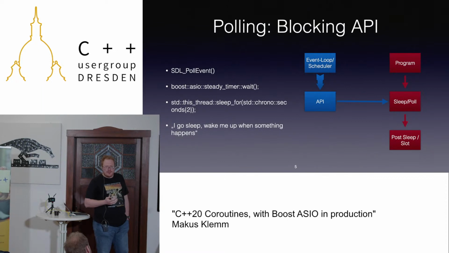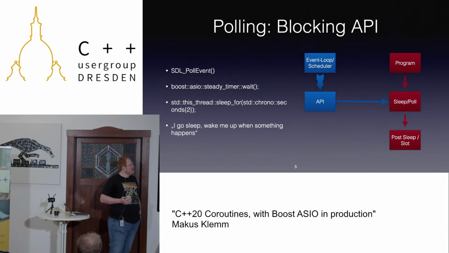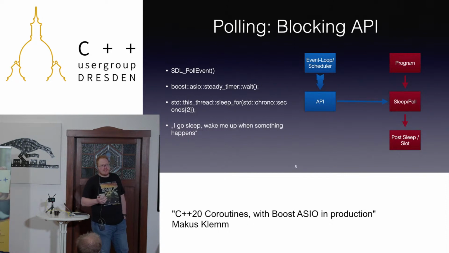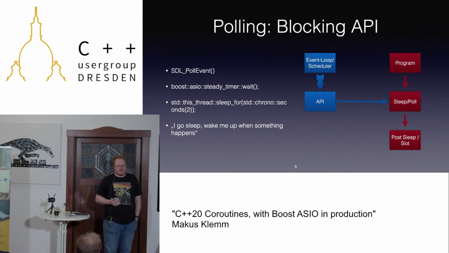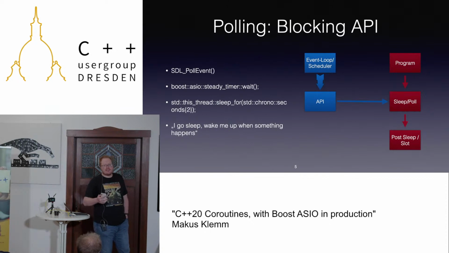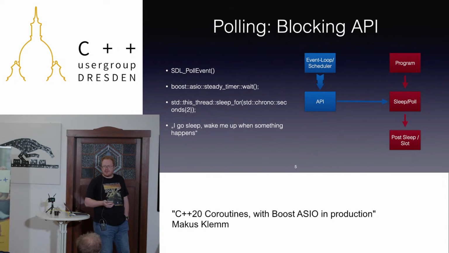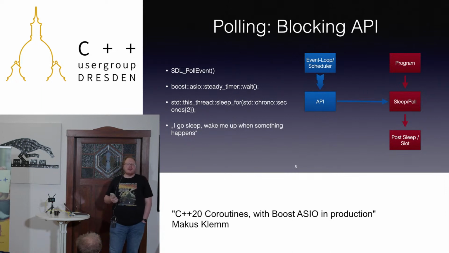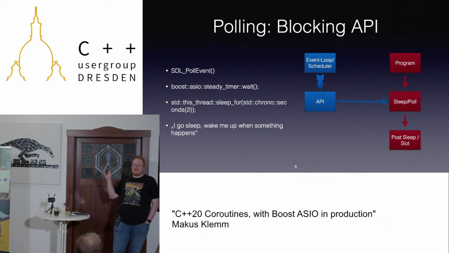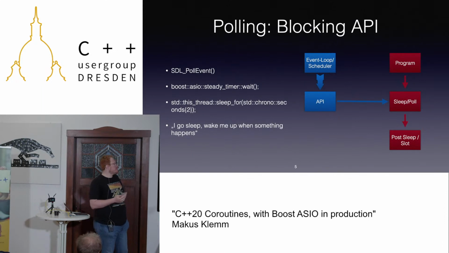Then we are getting to a blocking API, which means this is also what we could call synchronous programming. Like if you ever programmed a game with SDL, you would call the poll event function, and this function would block until the next event has happened, like the user clicked something, or your timer elapsed, or there's something new from network.